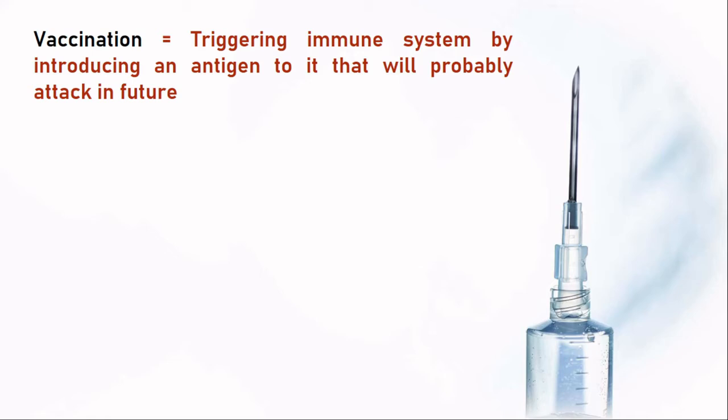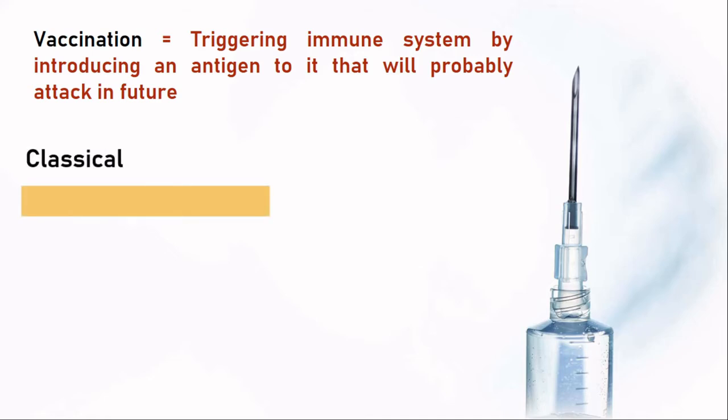That acts as an antigen so that we make our immune system realize that this kind of protein may interfere in future, so be ready for the attack. So in simple words, vaccination is a part of active immunity.